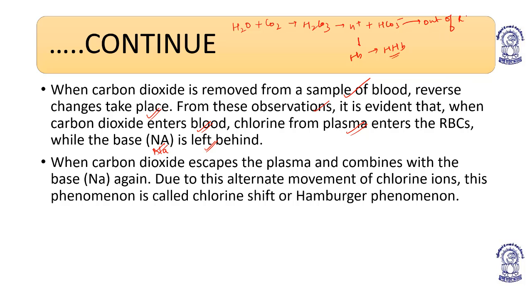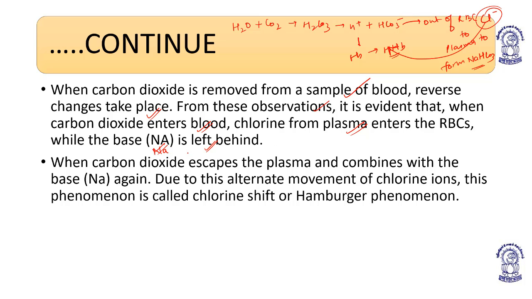of RBC to plasma to form NaHCO3. NaHCO3 is formed because Na combines with HCO3 minus out of the RBC into the plasma, and Cl minus goes in.